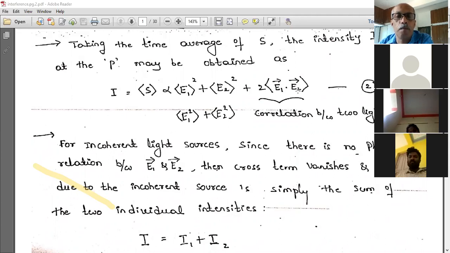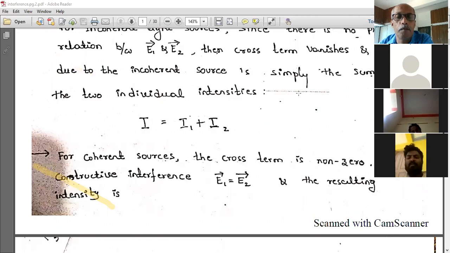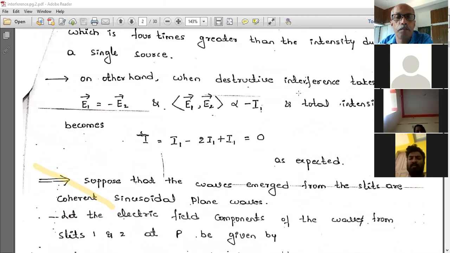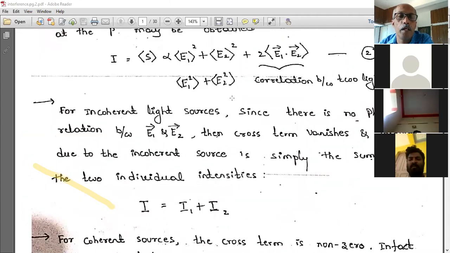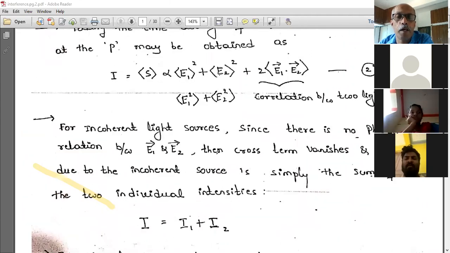So this becomes E1 square, this becomes minus E1 whole square, therefore plus E1 square itself. This is minus E1 into minus E1 again, it is minus 2 E1 square.